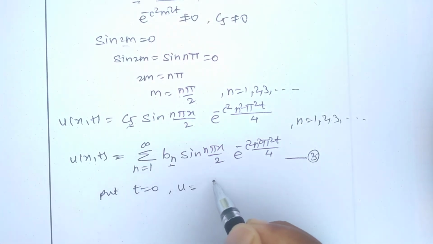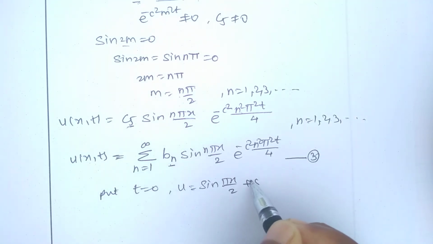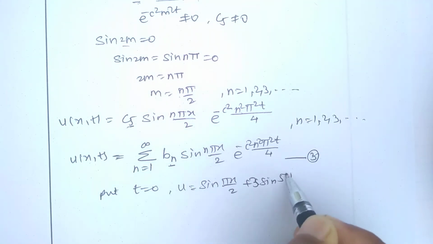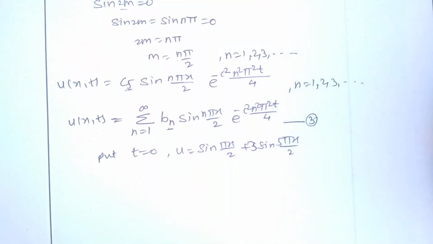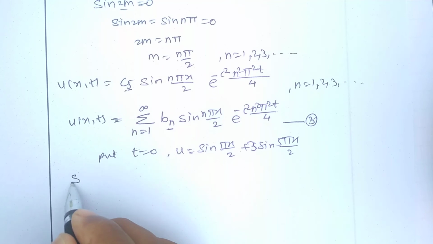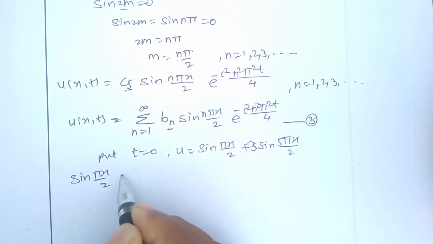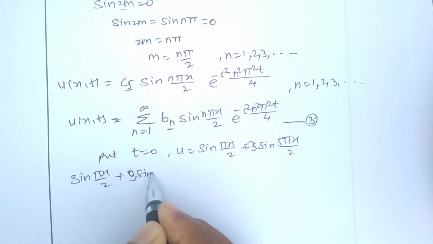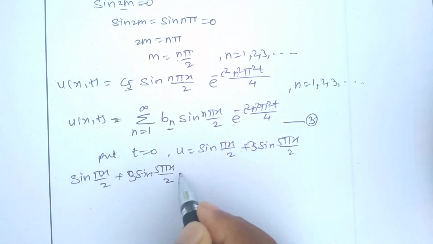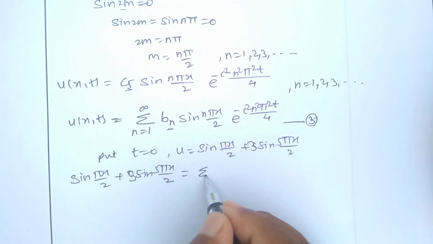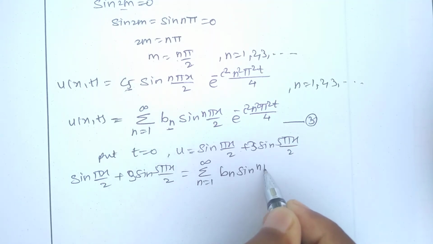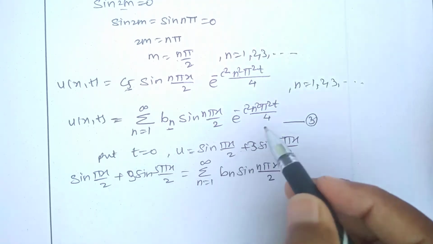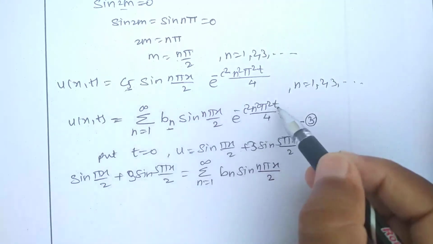Putting this value, we get sin pi x by 2 plus 3 sin pi x by 2 equals summation, n varies from 1 to infinity, bn sin n pi x by 2, and here we put t equals to 0.